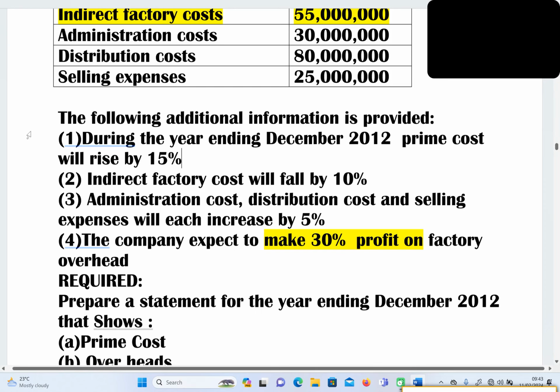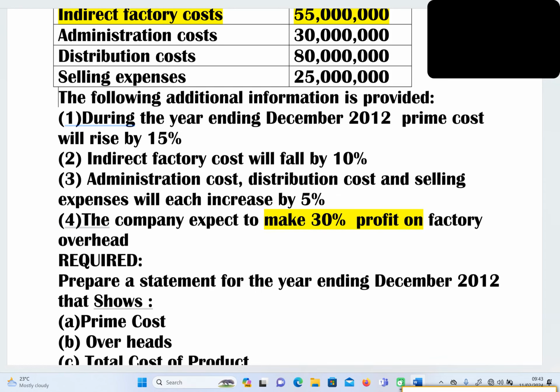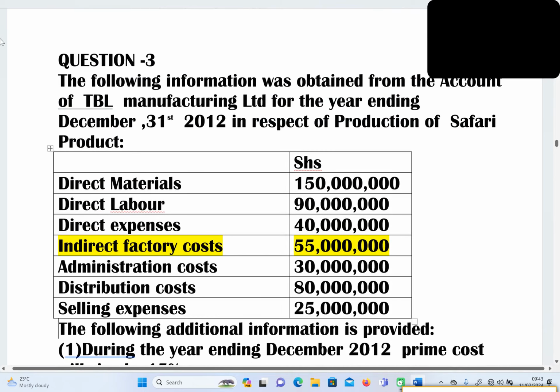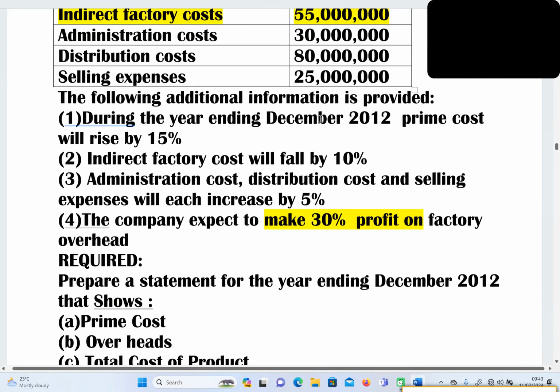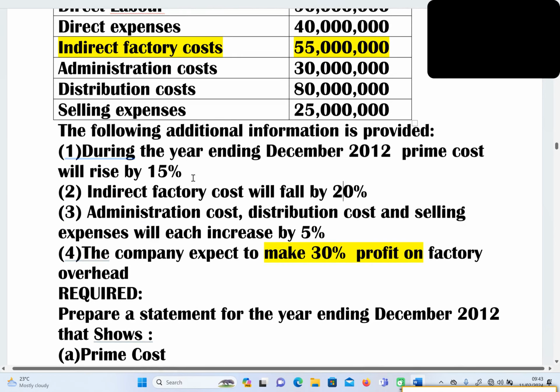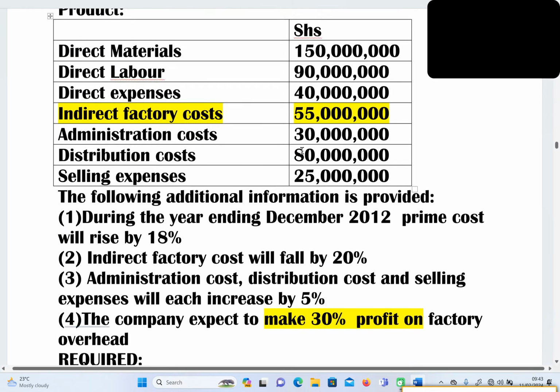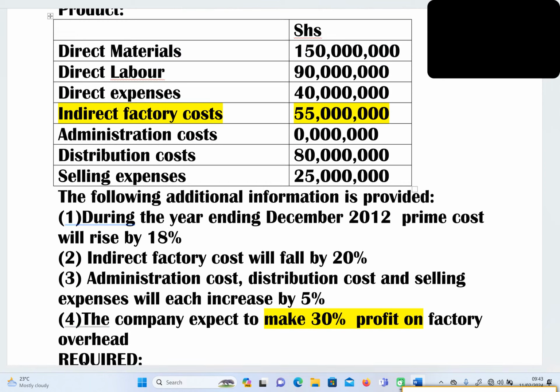Kwa hiyo these are the problems I wanted you to copy in. And this one is number 4. Hiyo number 4. This one I'll make it 20. And this one would be 10 or 18. At least to make read of this information.